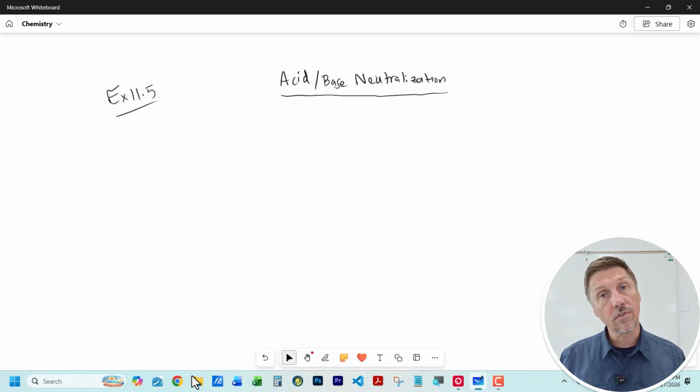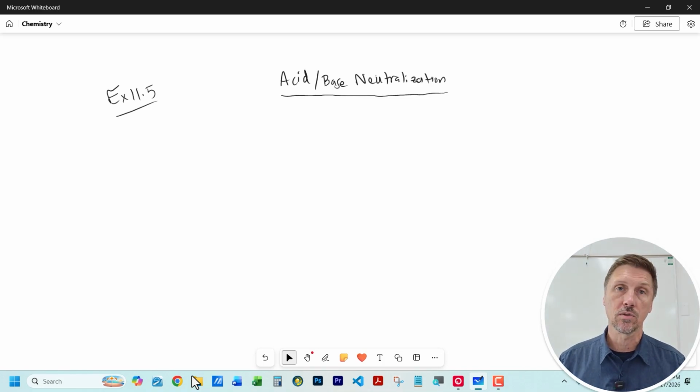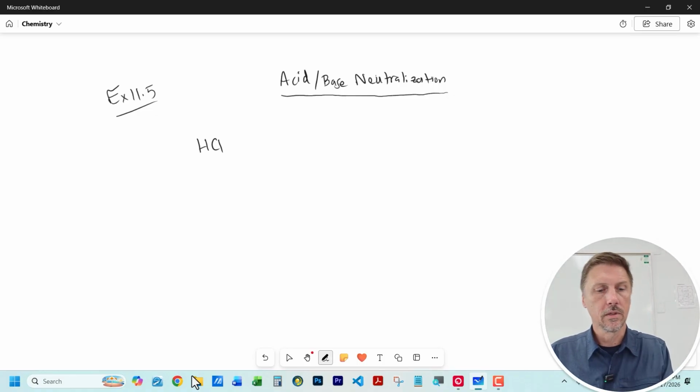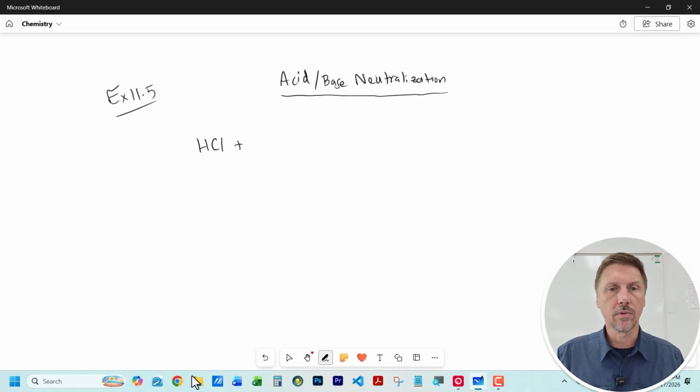So in order to do this, the first thing we have to do is write down the chemical equation, okay? And we now know how to do that. If you'll notice, we've got HCl that's combined together with this magnesium hydroxide, Mg(OH)2.